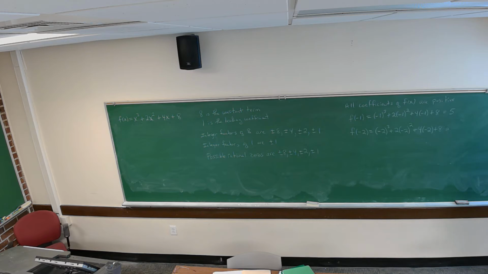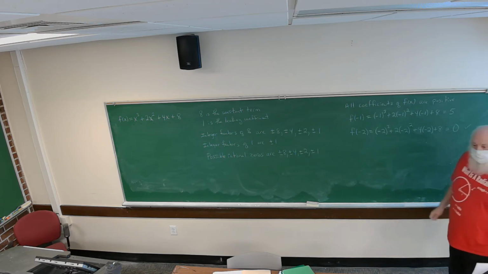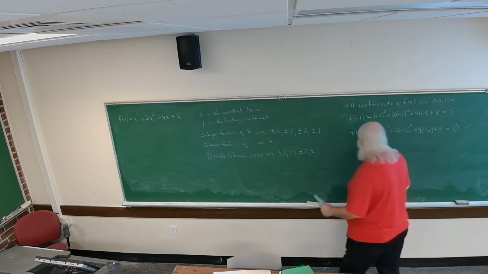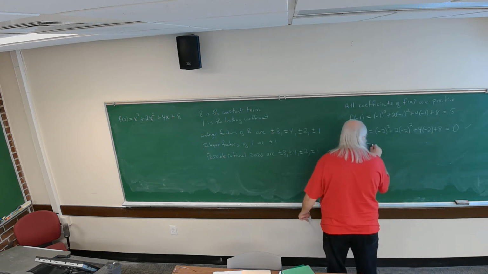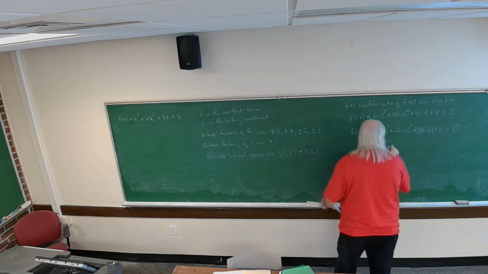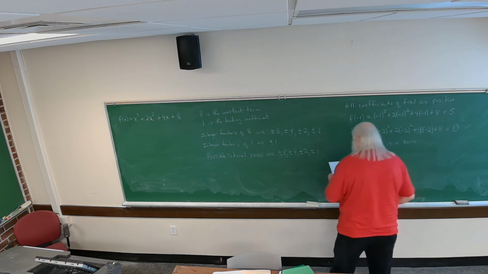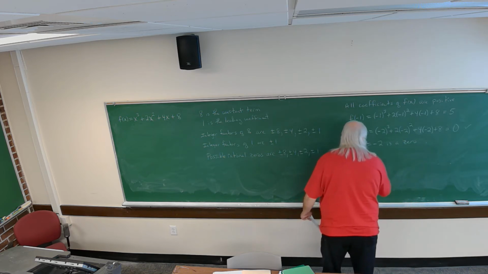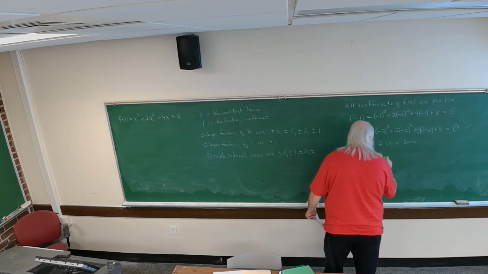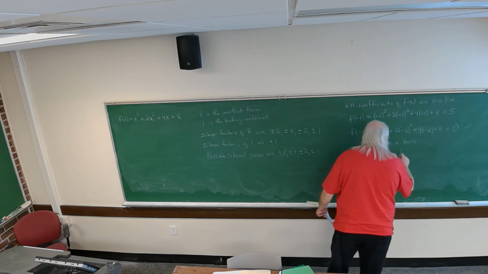And when I did that arithmetic, lo and behold, I got 0. So x equals -2 is a 0 of our polynomial function. So that means x plus 2 is a factor of our polynomial.